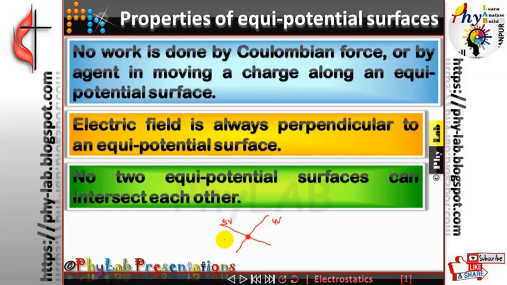This is one equipotential surface of 5 volt, and this is another of 4 volt. But at the point of intersection, I will get two different potentials, one due to 5 volt and another due to 4 volt, which itself is not possible. At the same point, you cannot have two different potentials. That is the reason why no two equipotential surfaces intersect each other.